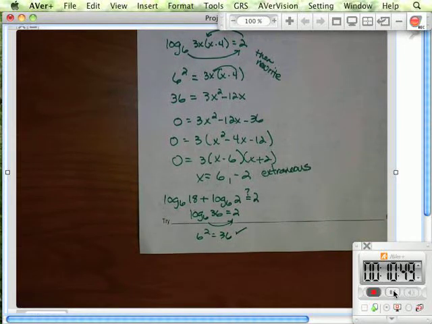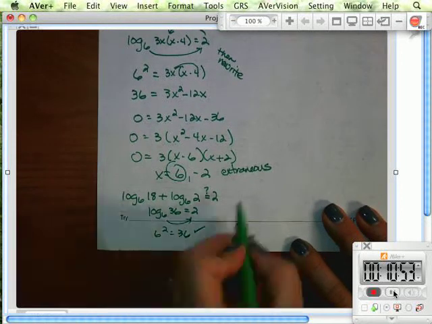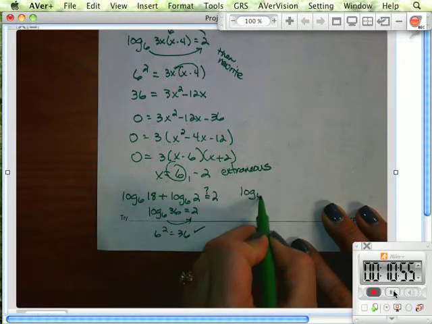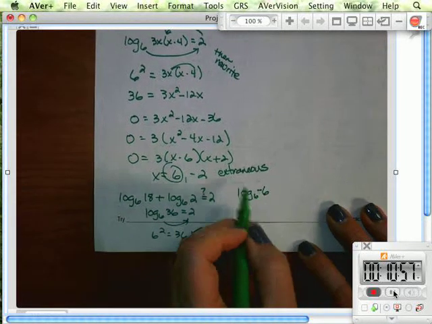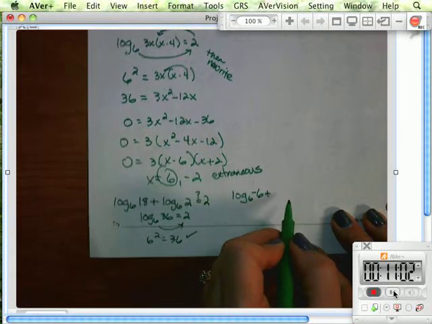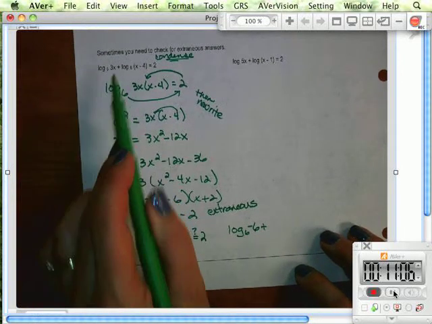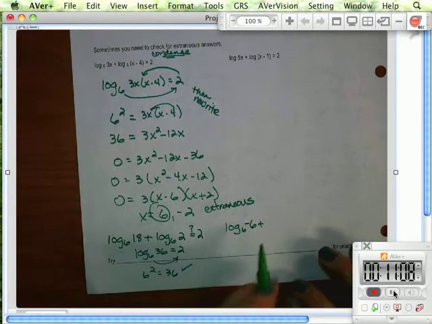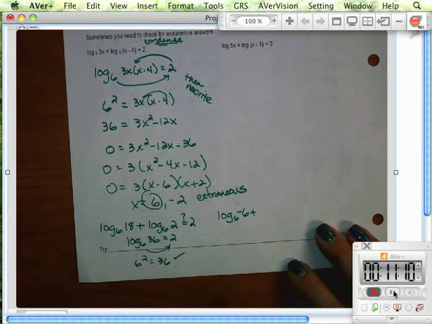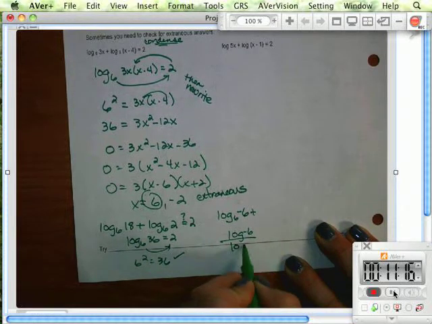So that 6 works. Let's just see what happens with negative 2. Log base 6 of negative 6. I'm guessing I'm going to have a problem here. Have you seen any negatives at this point? Negative 2 times 3 is negative 6. Let's just stop here. Let's do change of base like we saw yesterday and see what happens when we enter this on the calculator. So if I do this, log of negative 6 divided by log of 6, this was change of base from yesterday.